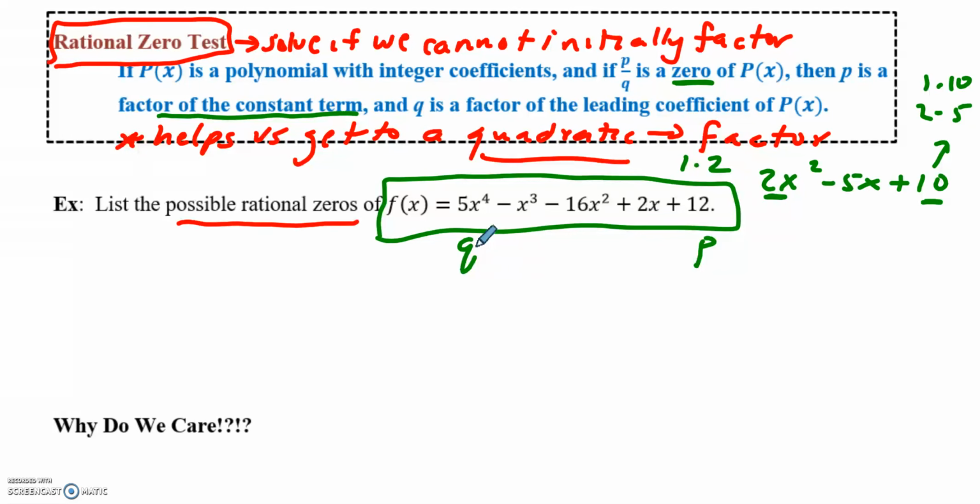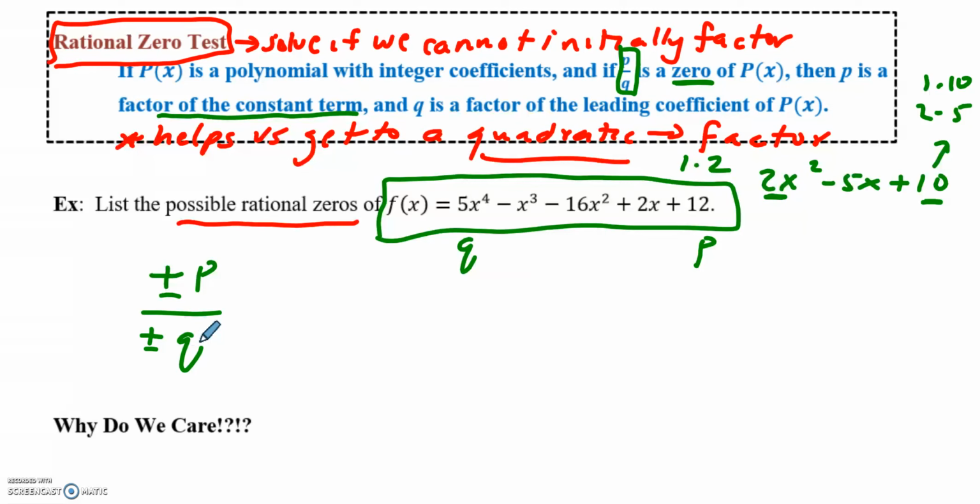So it says that p divided by q would be a zero. So if I would like to find all the possible zeros or all the possible x-intercepts of this polynomial, what I would have to do is divide all of the factors of p by all the factors of q. In this case, because it could be positive or negative, we would have plus or minus all the p's over plus or minus all the factors of q.